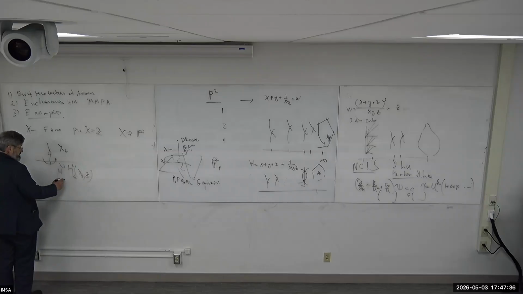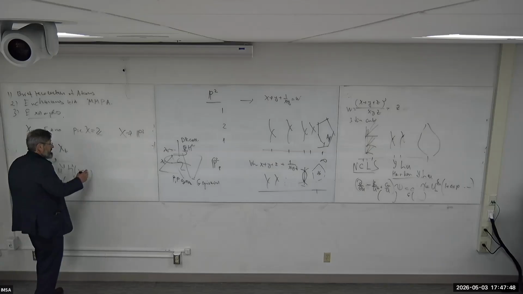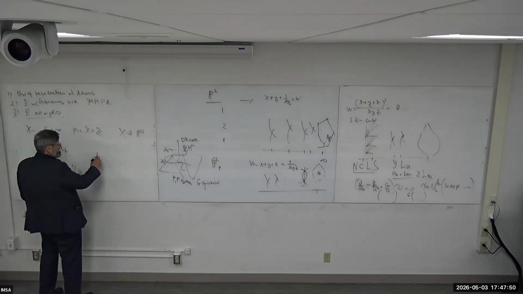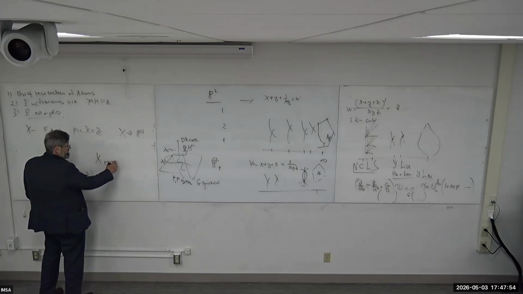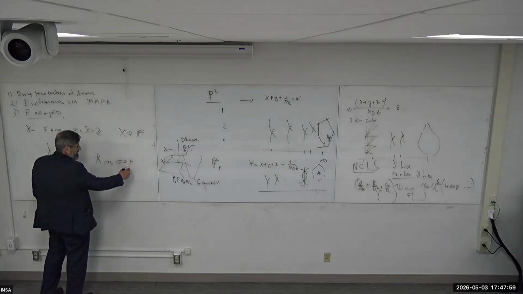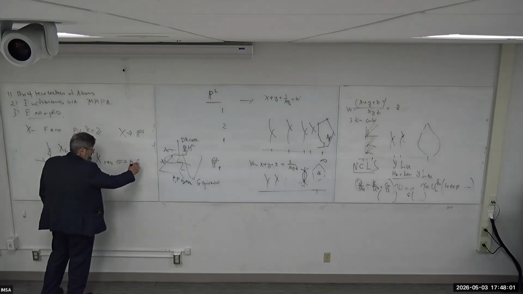So you have in the Picard one case always some 3x3 matrix. And so basically the statement is that X is rational if and only if this matrix is strictly unipotent.